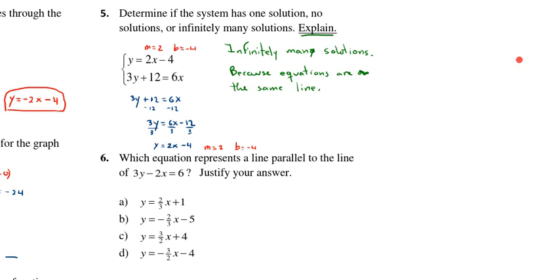I'll be writing here on the side. So when we have one solution, that means we have one point of intersection, and that is given by one characteristic only, which is different slopes.